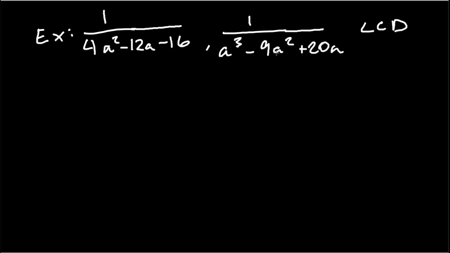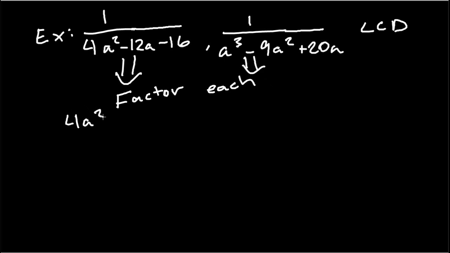Well, as you can see, this is going to work a little differently because now we've got a polynomial in the denominator as opposed to a monomial in our last example. So what we do is factor each of our denominators. Let's bring 4a squared minus 12a minus 16 down. Now let's factor it.